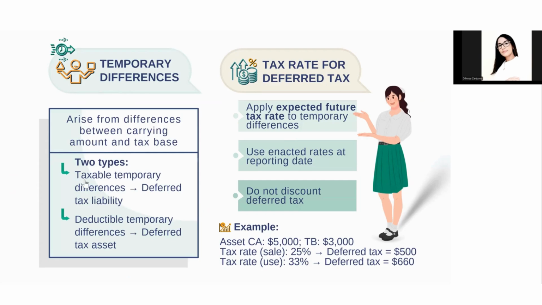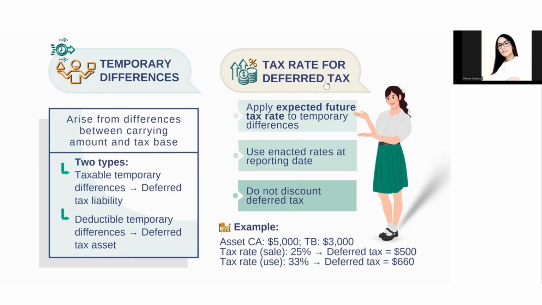There are two types. They may be taxable temporary differences, in which case you will have a deferred tax liability, as we saw in our example already. But if the carrying amount is less than the tax base, you have deductible temporary differences, not taxable. In this case, you will have deferred tax assets.